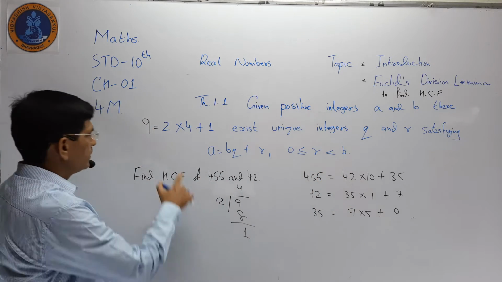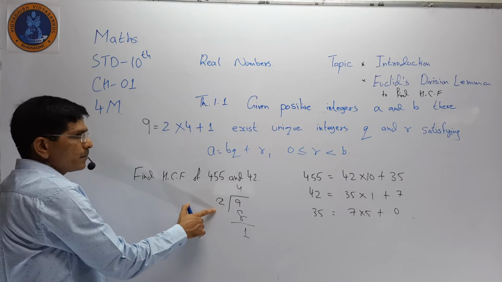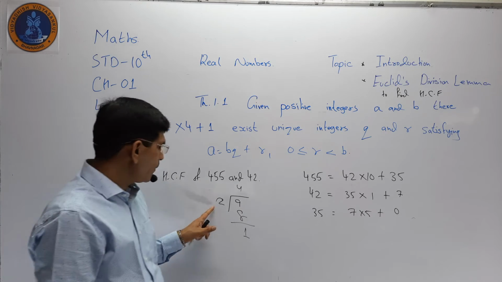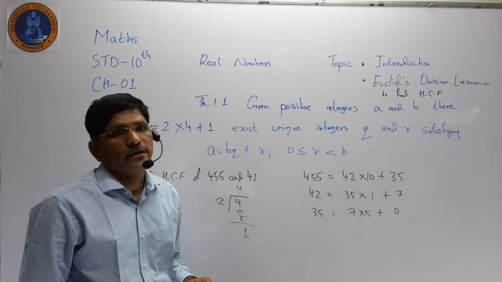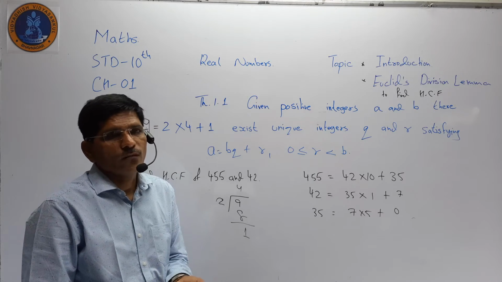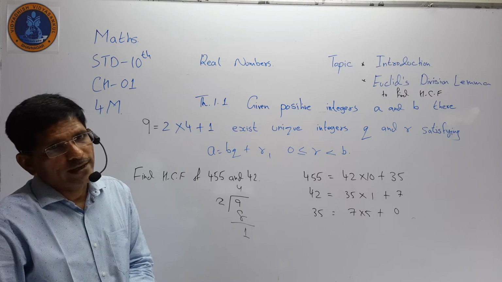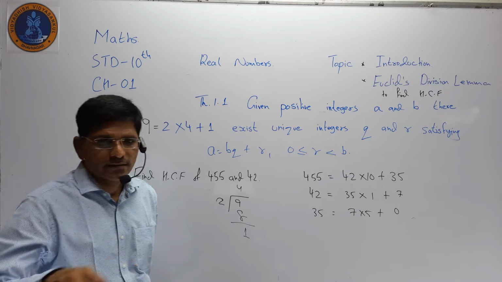Here b is 2, so the remainder is always less than the divisor.